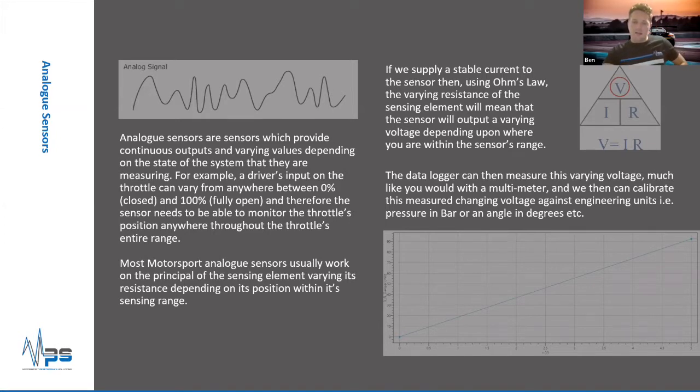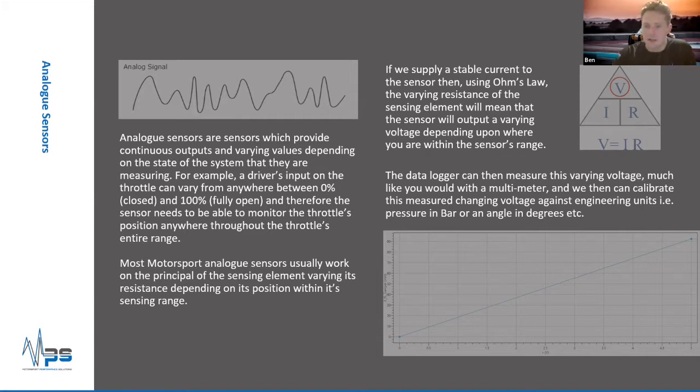So the way analog sensors work is, whatever you're trying to measure, whether it's a position or a pressure of a fluid, etc., it'll have a set working range, and in between those two working ranges, it'll have a sensing element that will, in 99% of the cases, change its resistance based on the input to it.